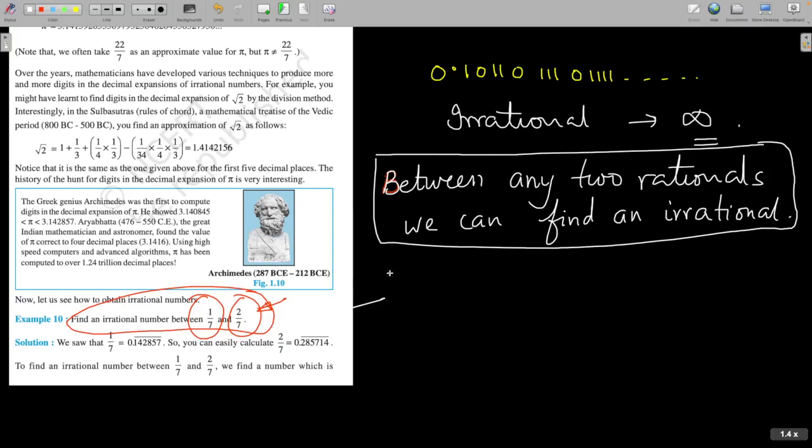We have a rational R1, which we are calling 1 by 7. We have another rational R2, which we're calling 2 by 7. When we did this, I remember it by memory now.